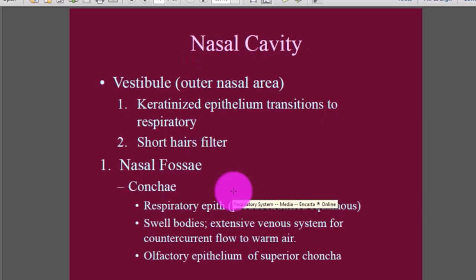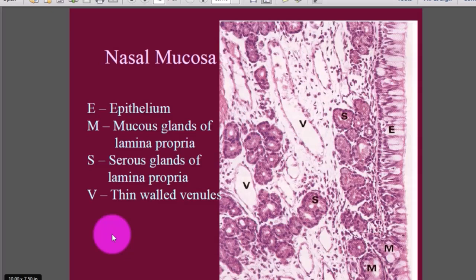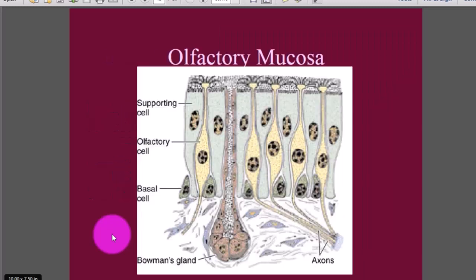Nasal cavity: vestibule, outer nasal area with keratinized epithelium, transition to respiratory, short hair filter. Nasal fossa: respiratory epithelium, swell bodies, countercurrent flow to warm air. Olfactory epithelium, nasal mucosa epithelium, mucous gland of lamina propria, serous gland of lamina propria, thin-walled venules, olfactory mucosa.